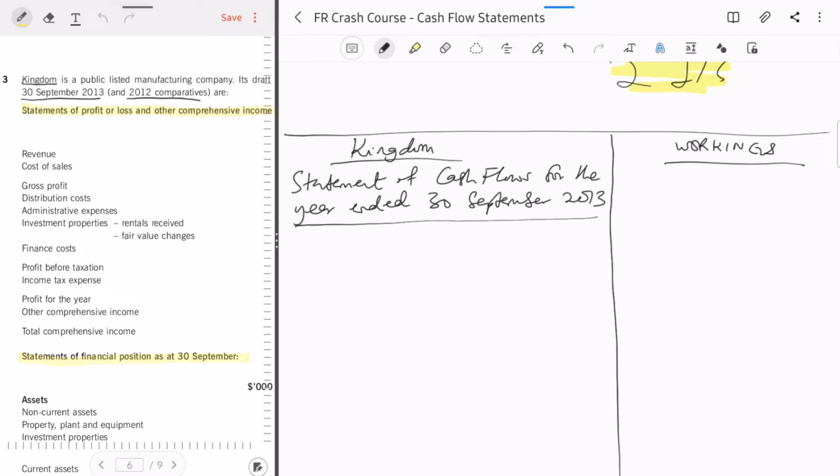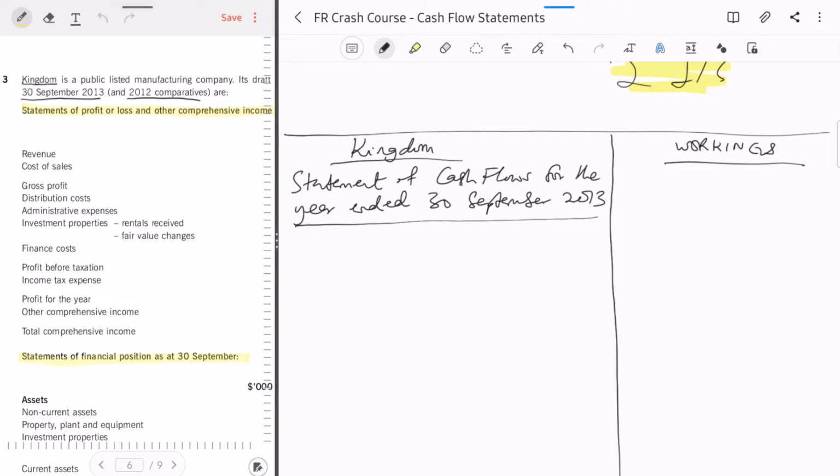Now for cash flow, I recommend strongly that you open all 3 sections concurrently. What do I mean by this? Set out your operating activities, your investing activities section, and your financing activities section at the same time. What this will do for you is that as you go through the question, you will come across information that will feed into different areas of the cash flow. As and when you find information, you drop it in the statement.